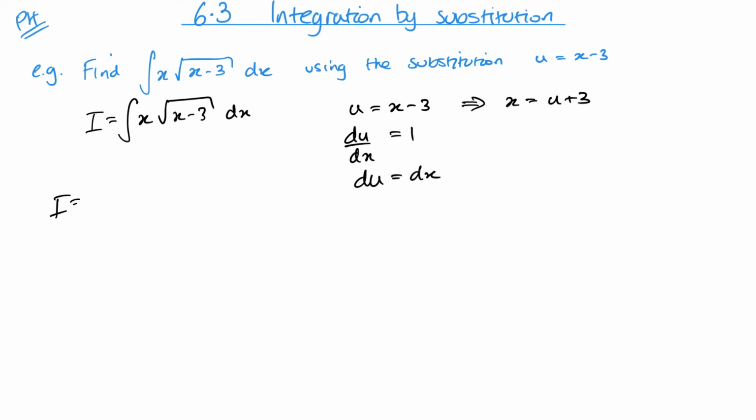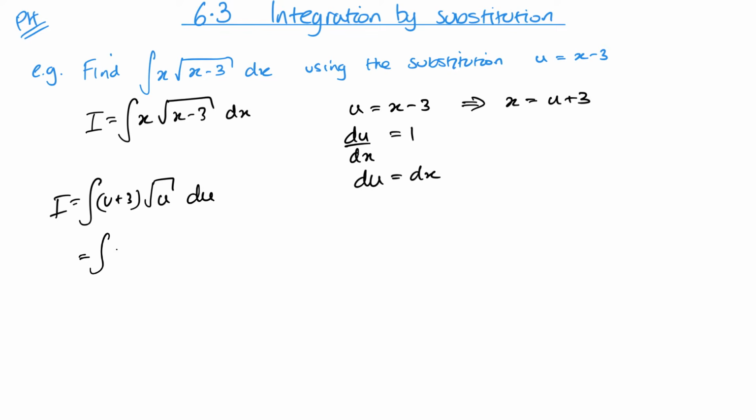So my I is going to be, now x is going to be replaced by u plus 3. U plus 3, and I've got square root, and then the x minus 3 is u. So square root of u, and then dx, you can see, is equal to du.